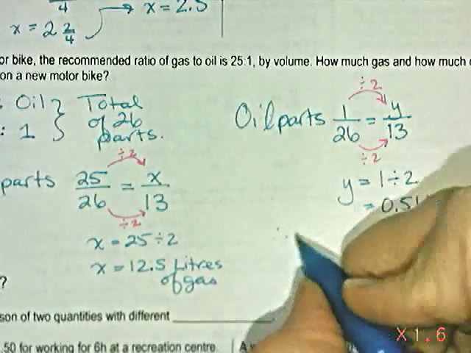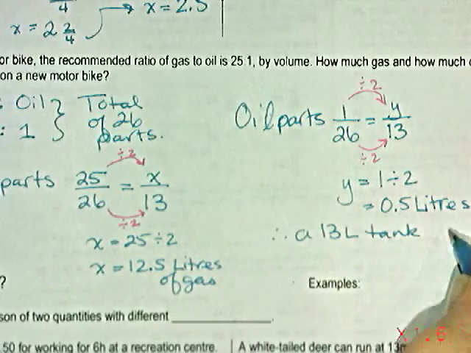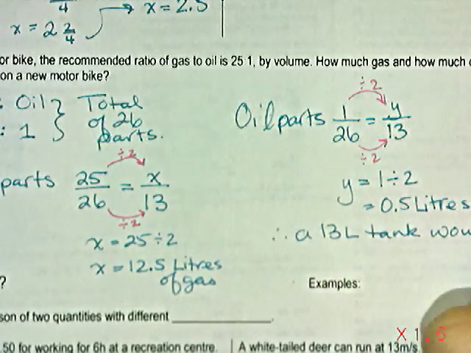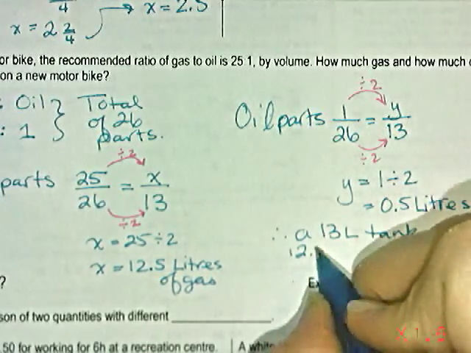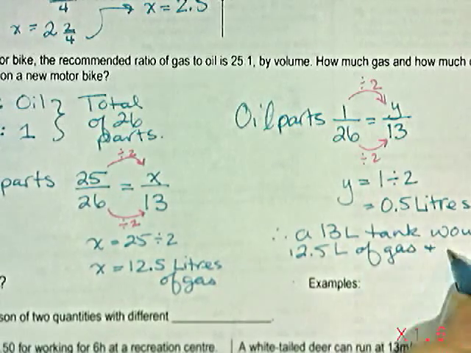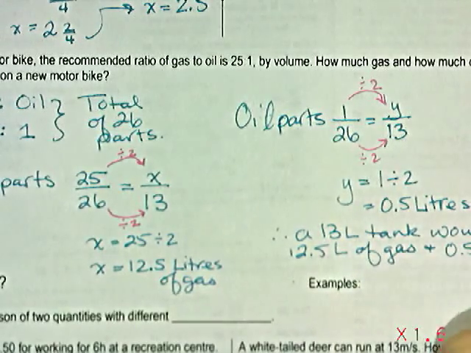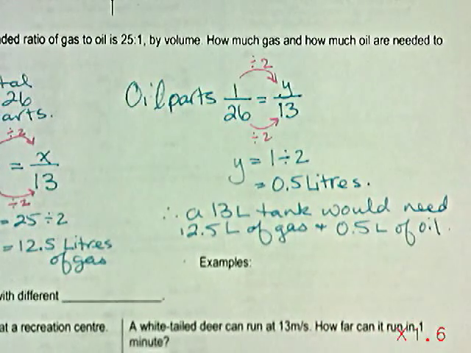And so therefore, a 13-liter tank would need 12.5 liters of gas and 1/2 liter of oil to maintain the proper mixture.